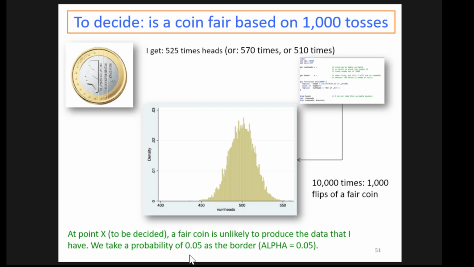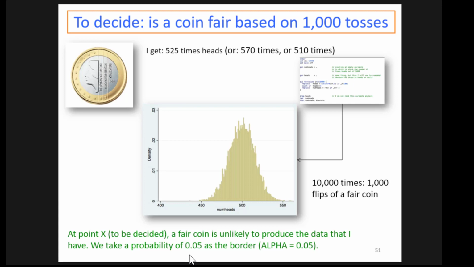So what we're trying to figure out here is, that's usually the question, do we have a fair coin here, or is there any evidence that the coin is not fair? The thing to do would be simply, let's flip the coin 1,000 times, and let's compare the number we get with this distribution. You know that this is more or less what you can expect.